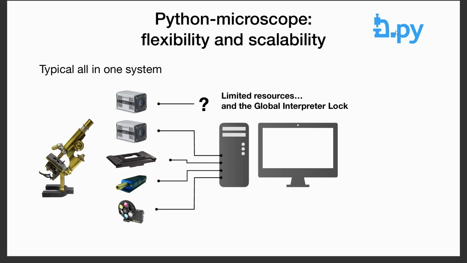For example, if you want to connect a second camera, which is not connected through USB but through one of these acquisition PCI Express cards, the computer might be too slow to support multiple cameras, and then you cannot do anything. That's something that will happen, for example, with Micromanager. For those who don't know, Micromanager is another software package written in Java for controlling microscopes.